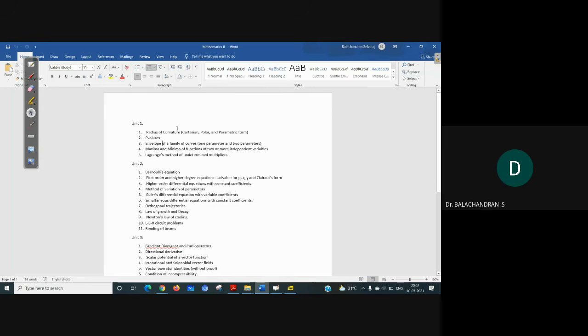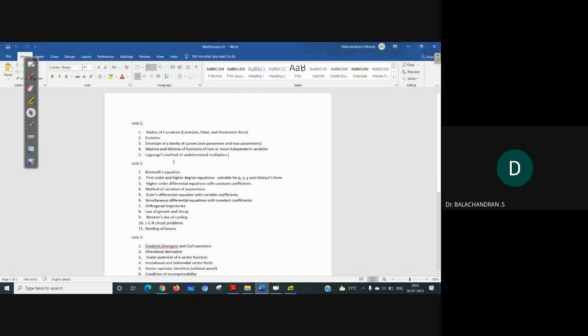So these 5 sections are very important. I am expecting one question from this portion, one from envelope and one from maxima minima. This is my expectation, but I don't know how the question setter will ask.